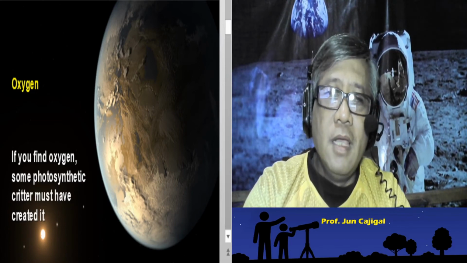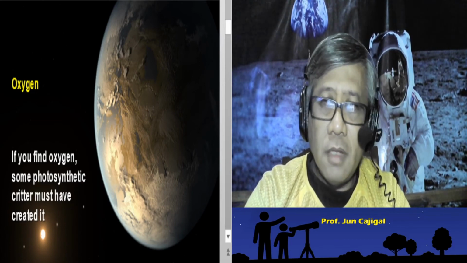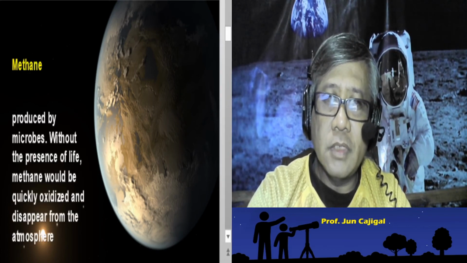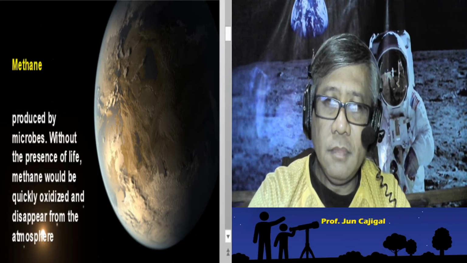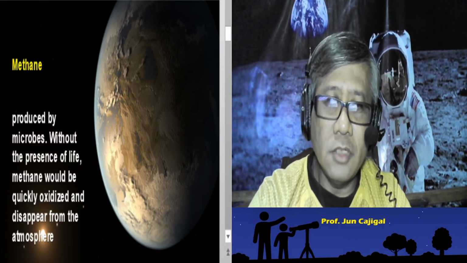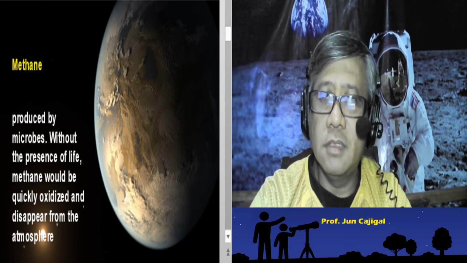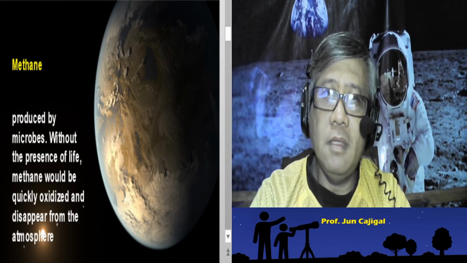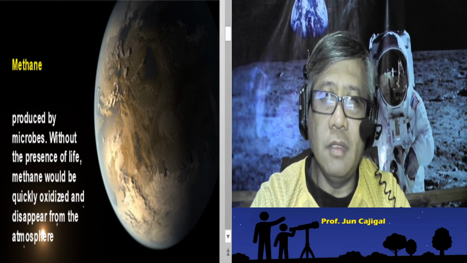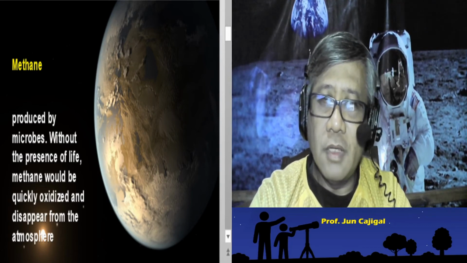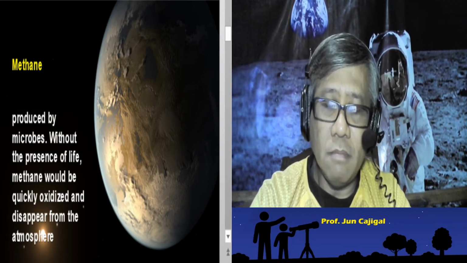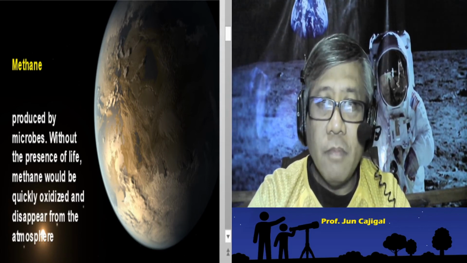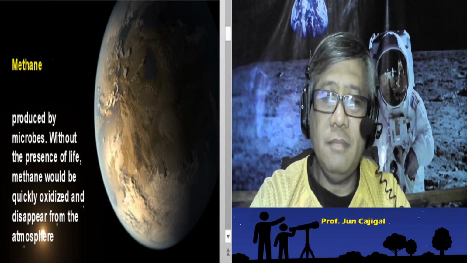Okay? Alright, another important biomarker that astrobiologists are searching would be the presence of methane. Now, we know here on Earth that methane is produced by microorganisms. So, kung may methane dun sa exoplanet na yan, then again, that means only one thing, that there must be some microorganisms that's producing that methane. Okay? Alright, so that's life as we don't know it, di ba?